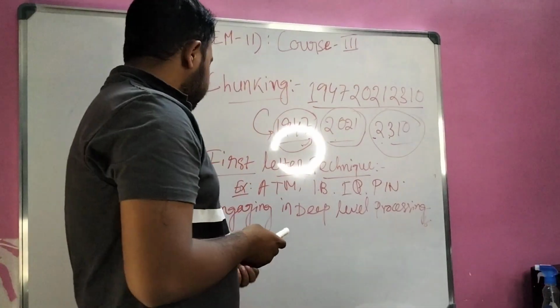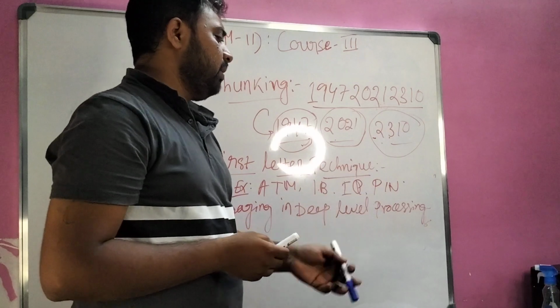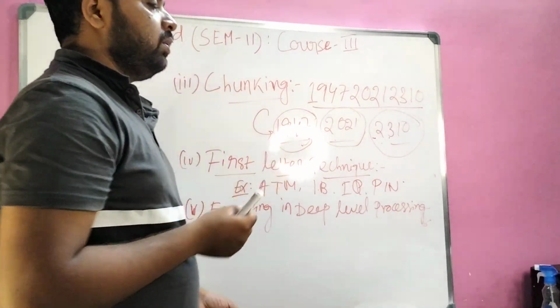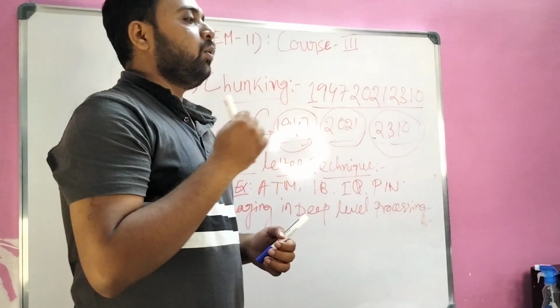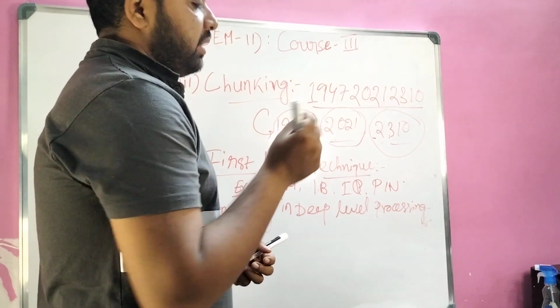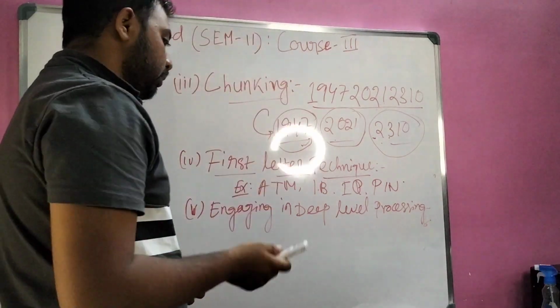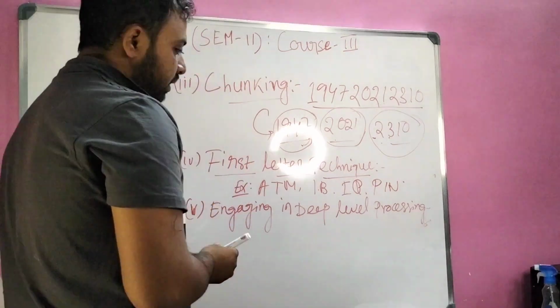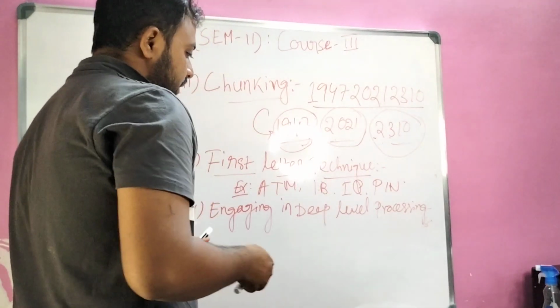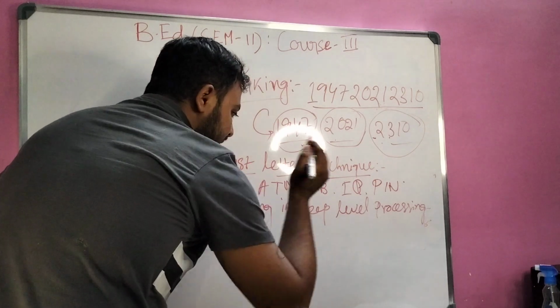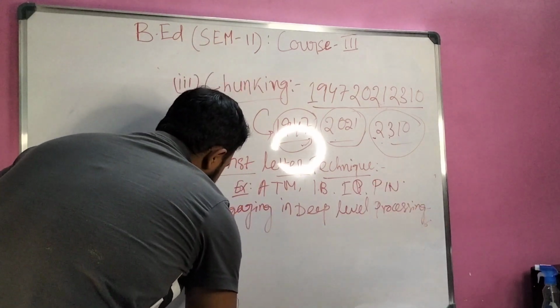So this is the fifth point of mnemonics, or improving our memory. And now we see minimizing the interference.